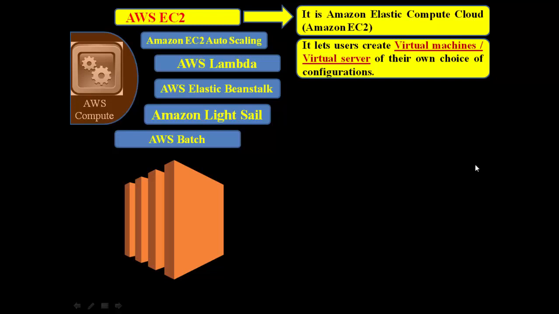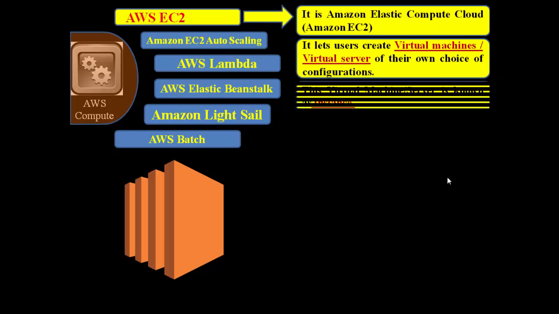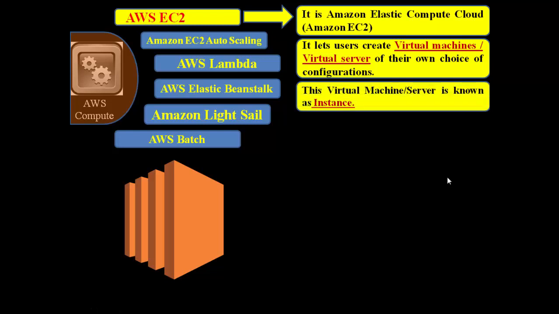Instead of that, we can get a virtual server or virtual machine from the cloud, and we can configure it as per our need. So whenever it is required to host our application or website, we can easily host it on our virtual server or virtual machine. This virtual machine or virtual server is also known as an instance. Instance is the keyword normally used for a virtual machine or virtual server on cloud.